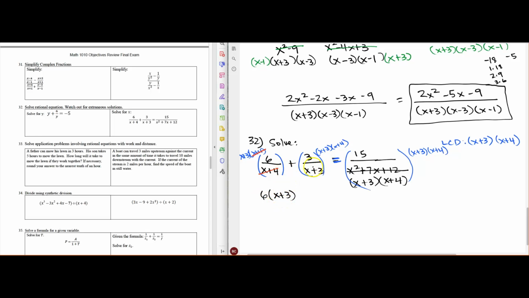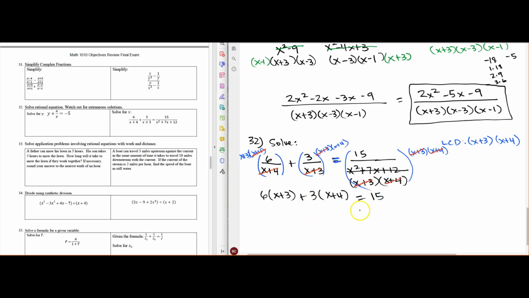Over here, on the next one, my x plus 3's divide out, so I killed that denominator, leaving me with 3 times x plus 4. And then on this last fraction, the x plus 3's and the x plus 4's both divide out, and so I'm only left with 15. Right? And so I have no denominators here.